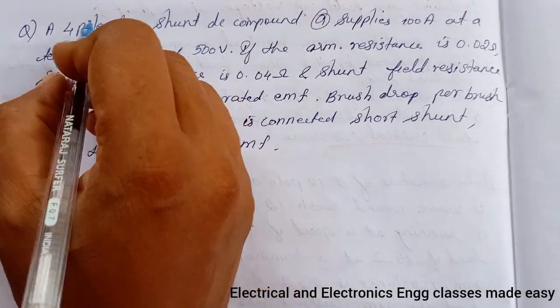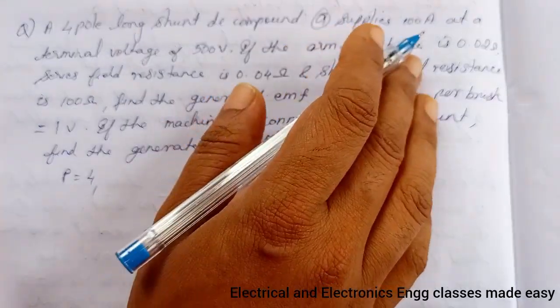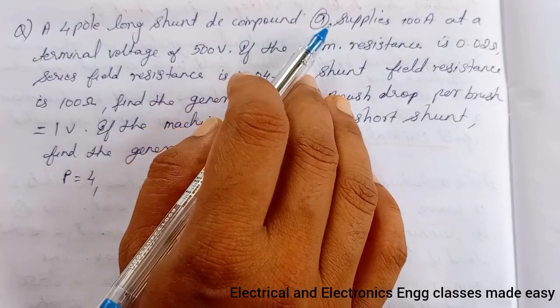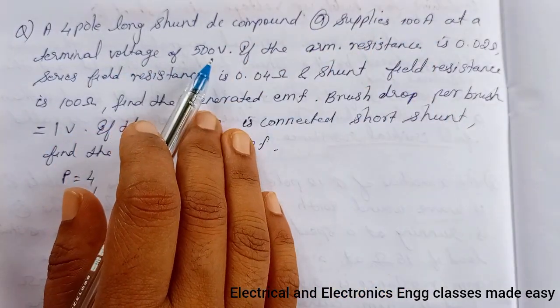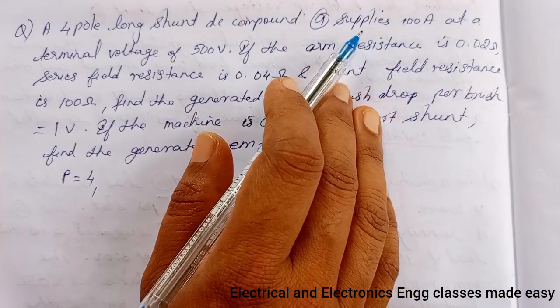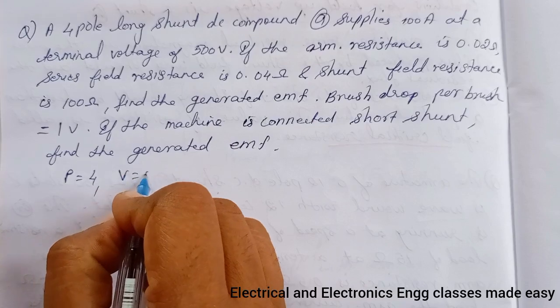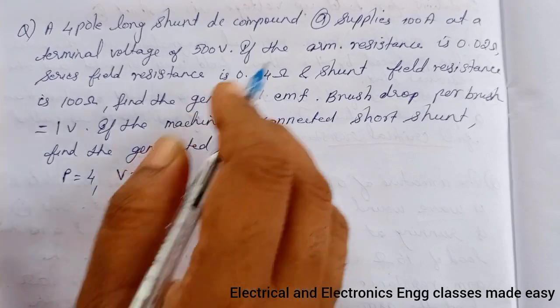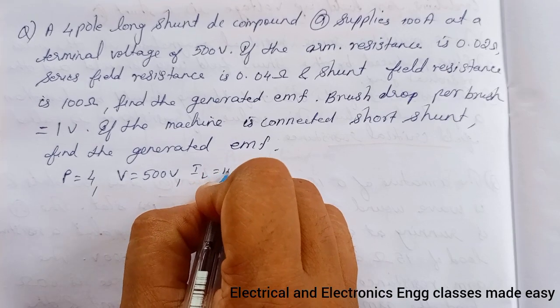So the given data are number of poles equal to 4. Then the compound generator supplies 100 ampere at a terminal voltage of 500 volt. So the terminal voltage V is equal to 500 volt and IL is equal to 100 ampere.